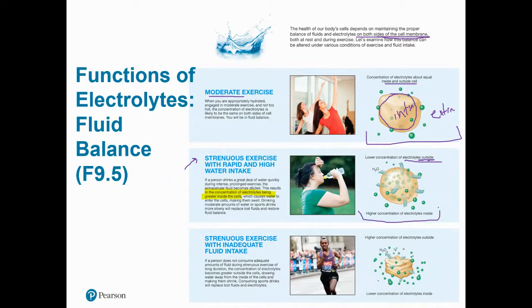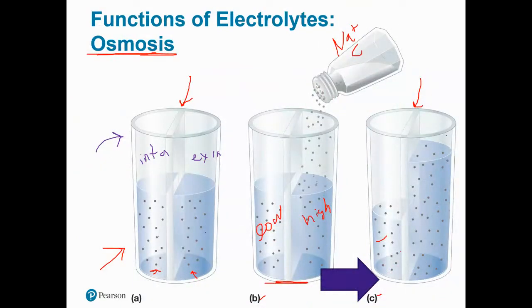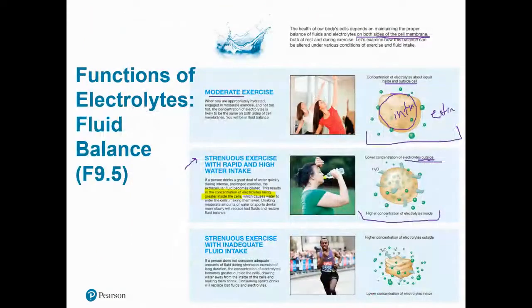Higher concentration of electrolytes inside the cell would be like this. This would be inside the cell, and this would be outside the cell. So we're going to see water rush into the cell, which causes the cell to swell.